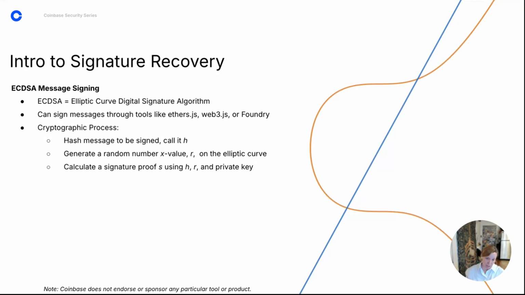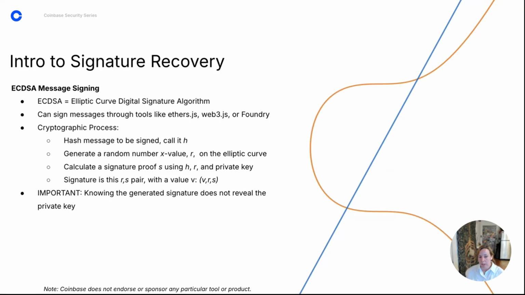Then we take that message hash H, the random X value R, and your private key, and that gets used in a formula to create a signature proof S. It's this S with R, along with another value V that we'll talk about later, that composes your signature.